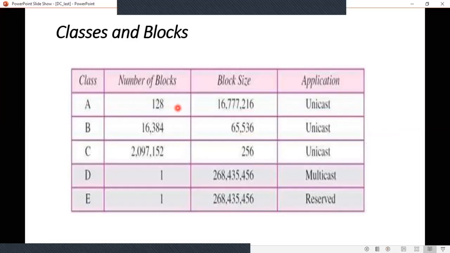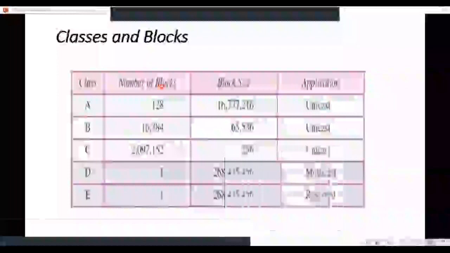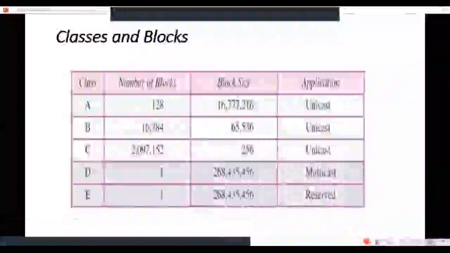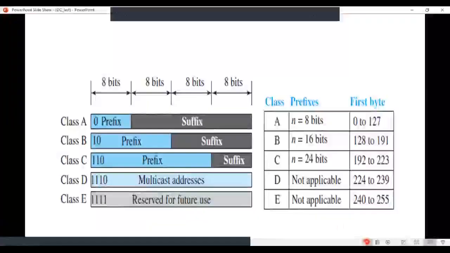So this block size is 2 raised to 24, that is 16 mega. From the previous table, for class A, the prefix is 8 bits and the suffix is 24 bits, right?